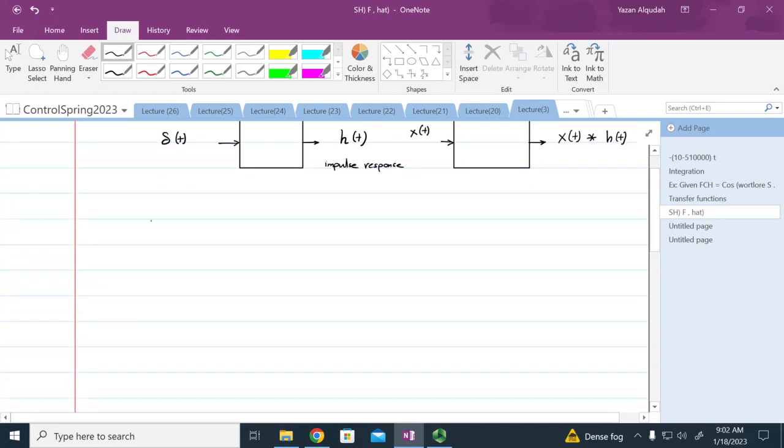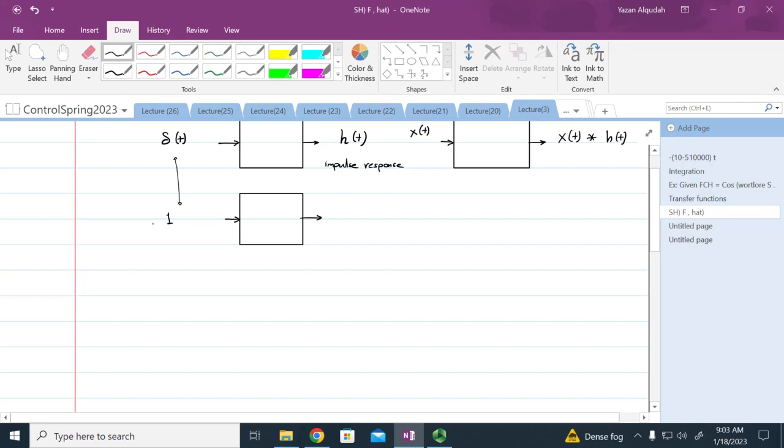If I do this in the Laplace domain, what is the Laplace transform of the delta function? It is just a 1. So this delta in the S domain is going to equal a 1.